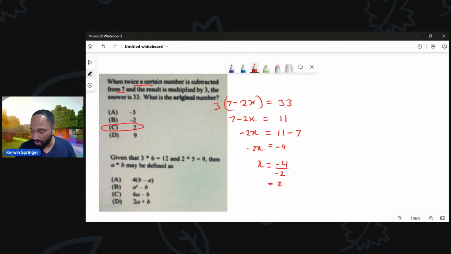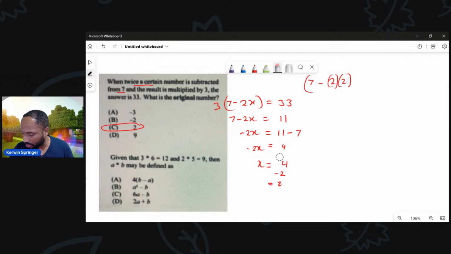This could be verified as well. Twice a certain number being subtracted from 7. Hold on, did I make a mistake? Divided by 3, 11. Bring it across, this was just positive here.